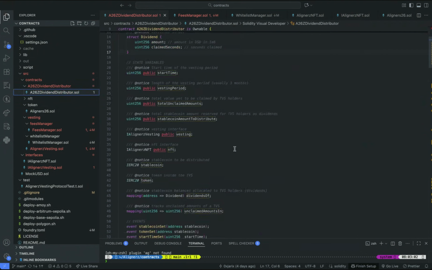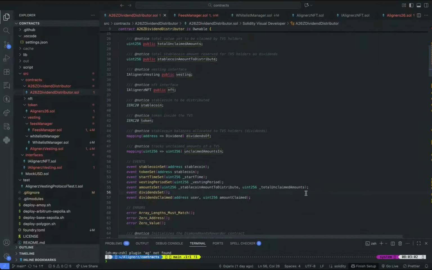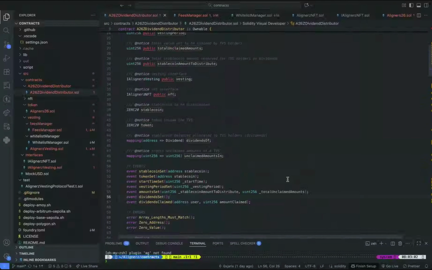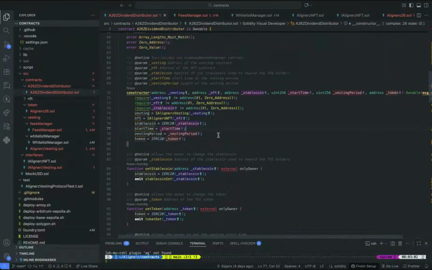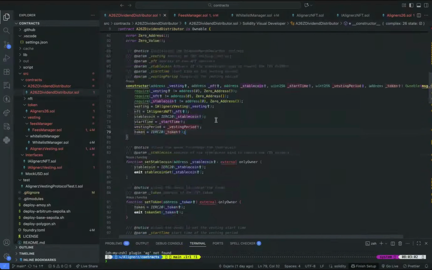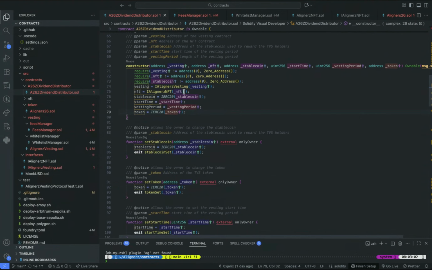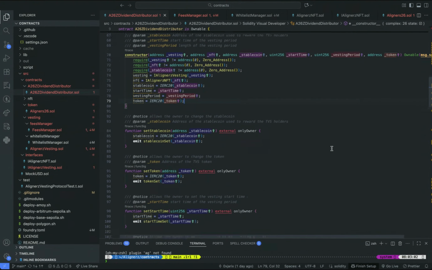So technically, the owner, after withdrawing the profits to the treasury, will transfer some tokens to this contract. Usually it's 5% of the profits that he got in the treasury, but this is done off-chain. So he will make the calculation off-chain, decide how much to withdraw and how much to send to this dividend distributor contract.